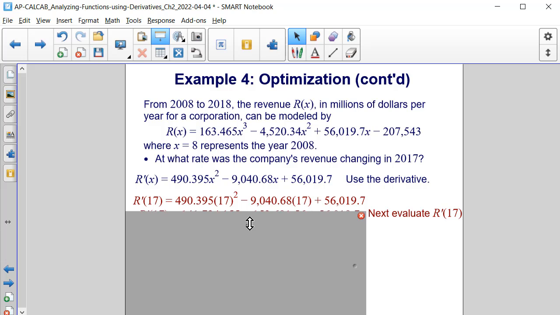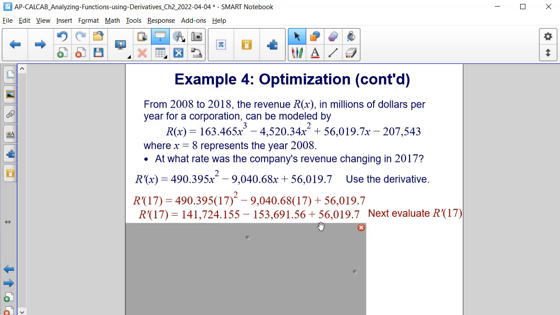when we evaluate 17 squared and multiply it by 490.395, we end up getting 141,724.155. And if we multiply 17 times 9,040.68, we end up getting 153,691.56.